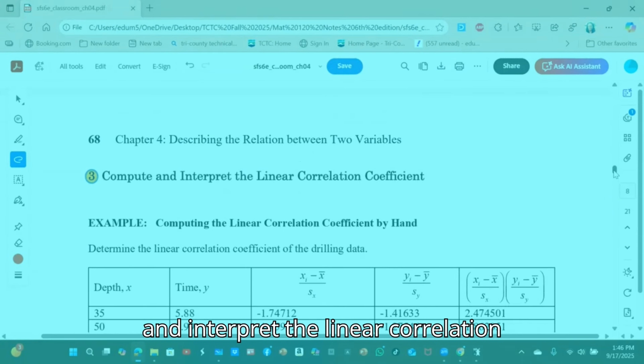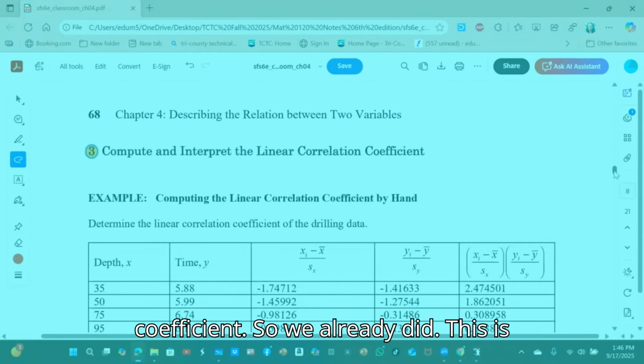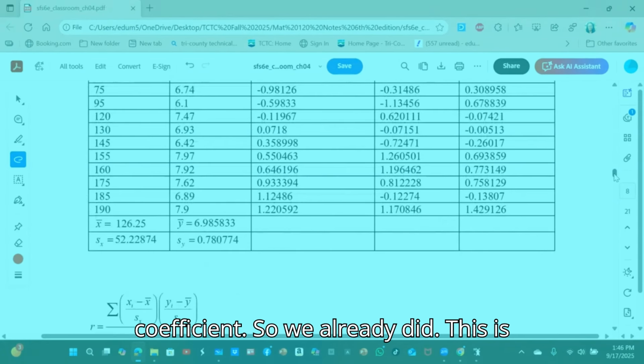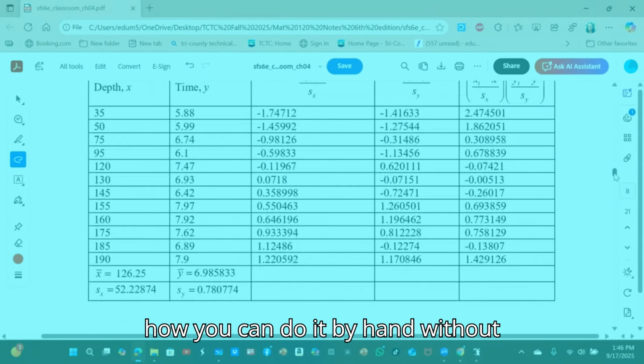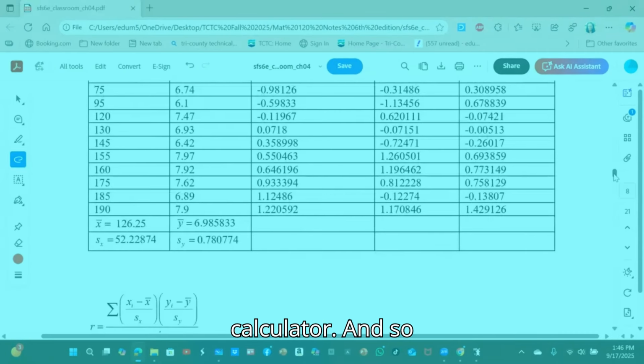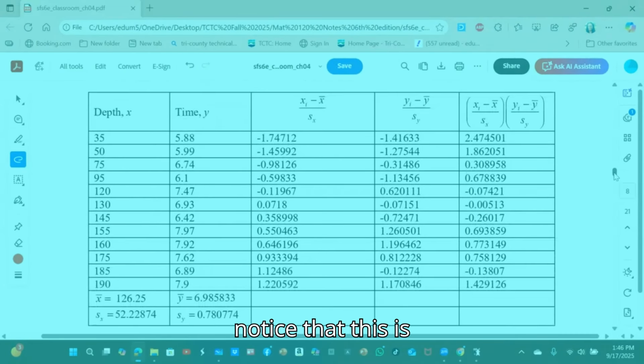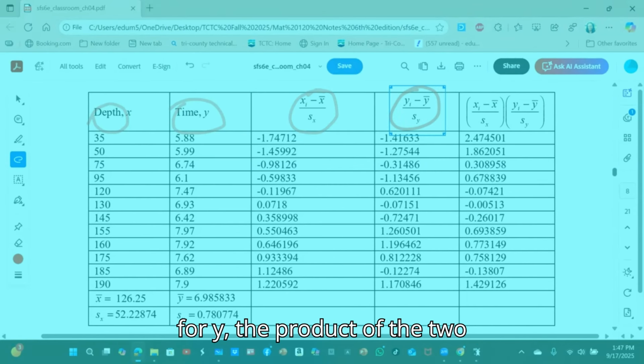Compute and interpret the linear correlation coefficient. We already did this. This is how you can do it by hand without a calculator. Notice this is the given X, this is the given Y, this is the z-score for X, the z-score for Y, and the product of the two z-scores.